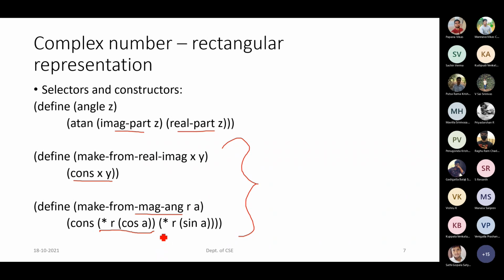To get the imaginary part, we can apply the magnitude, that is the r, multiplied with sine of angle. Sine, cos, atan, all are primitive procedures. So this will be our imaginary part. So we are reconstructing it back in the rectangular form representation itself.